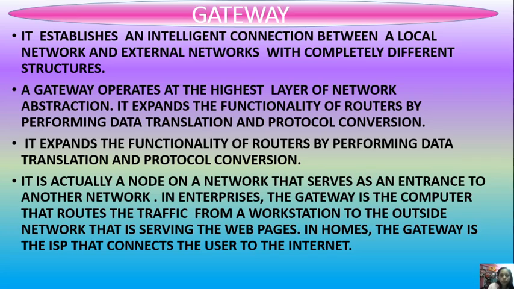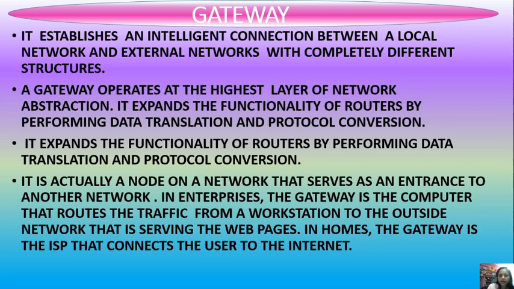Now there are some points related to gateway. Actually this gateway, it's a network device that connects dissimilar networks, and it establishes an intelligent connection between a local network and external networks with completely different structures.